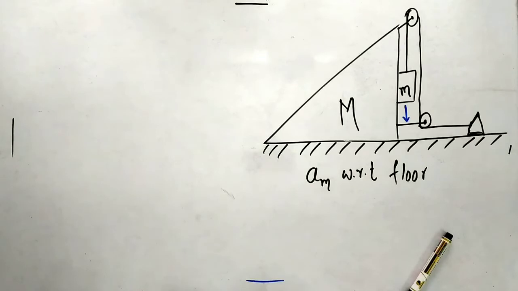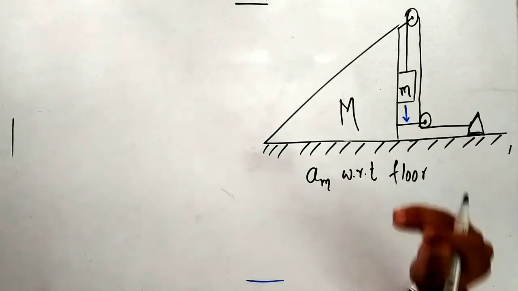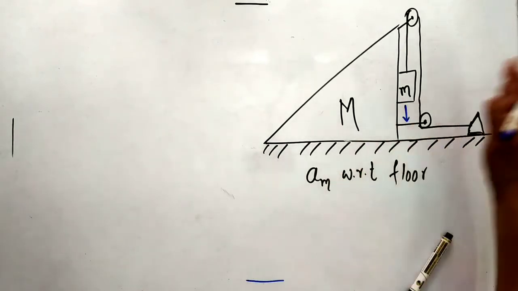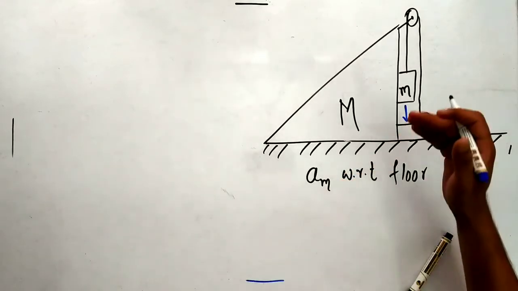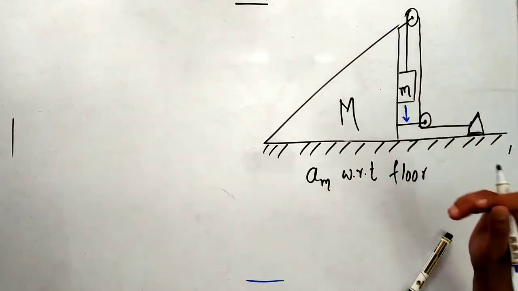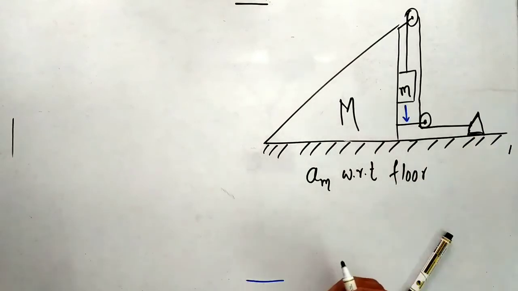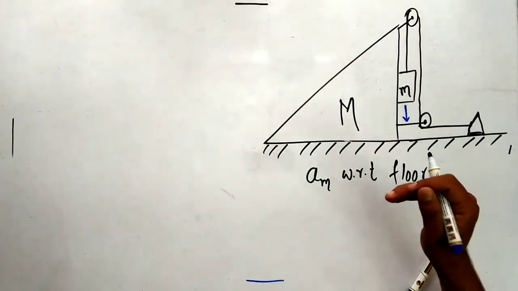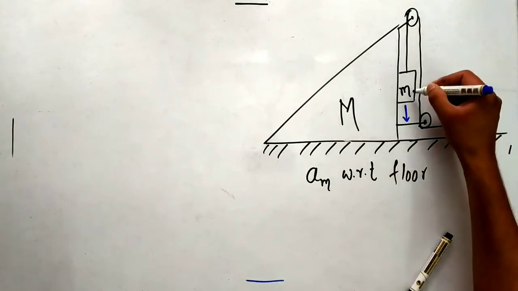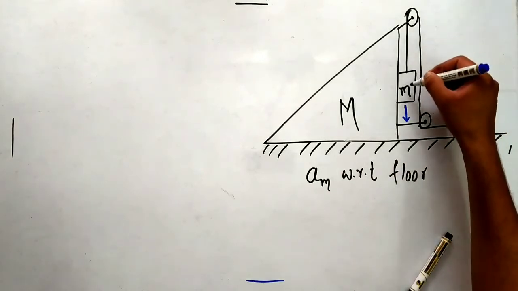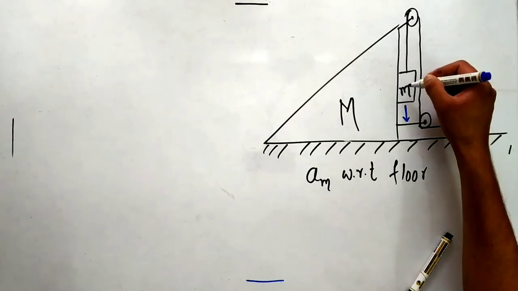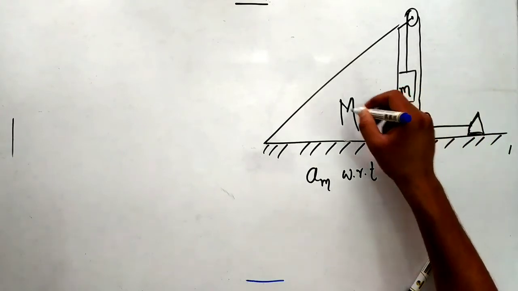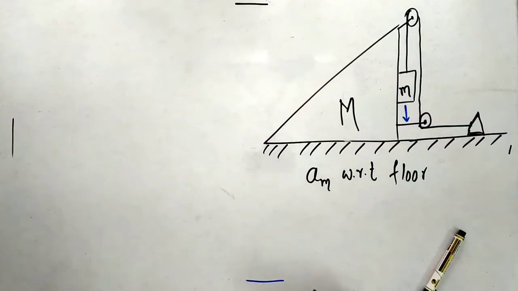Another thing which is very, very important in all the coming questions. You'll find various applications of the same concept in the coming questions. The point is that for every inch this small m moves down, the same distance is going to be moved by the capital mass M to the right.